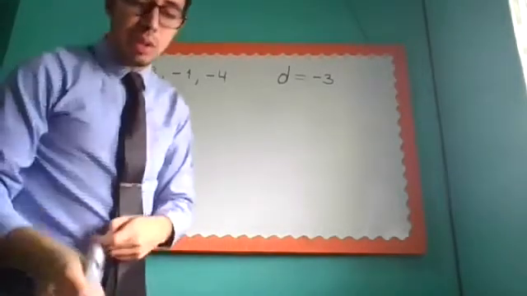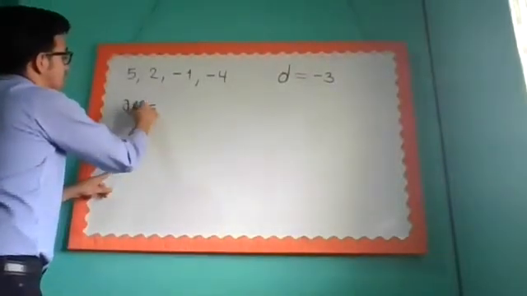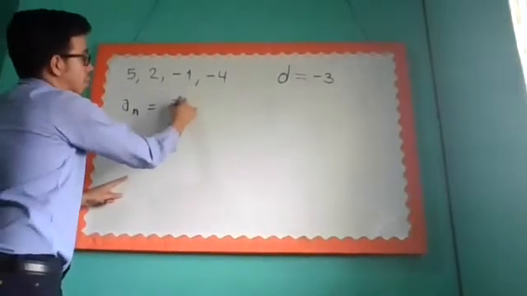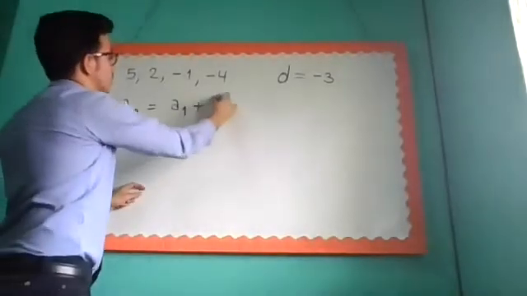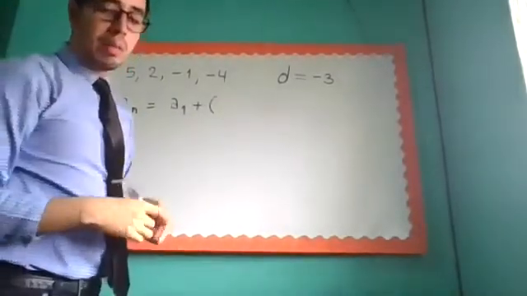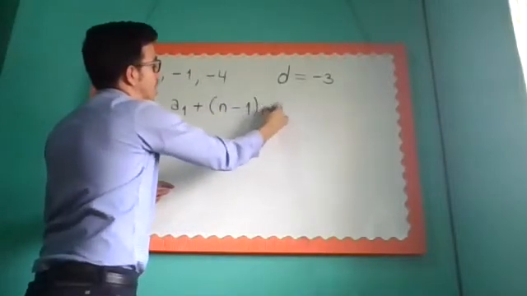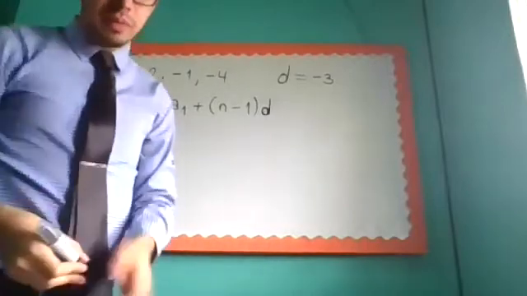I'm going to copy the formula with you. This is n. We are not replacing yet. A sub 1 plus n minus 1 multiplied by d. That is the common difference.